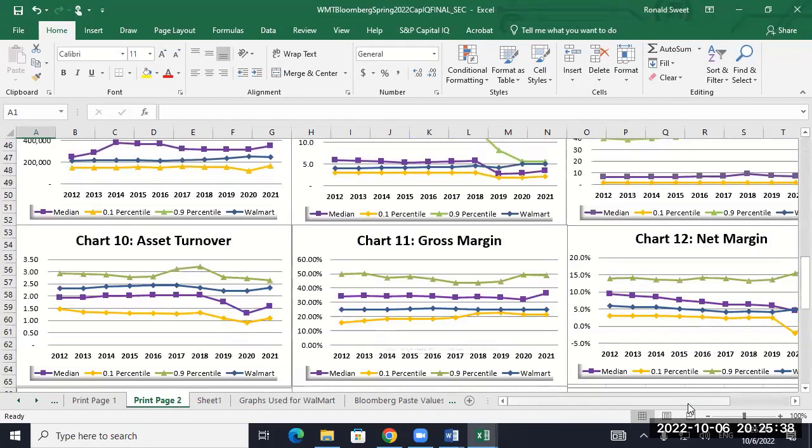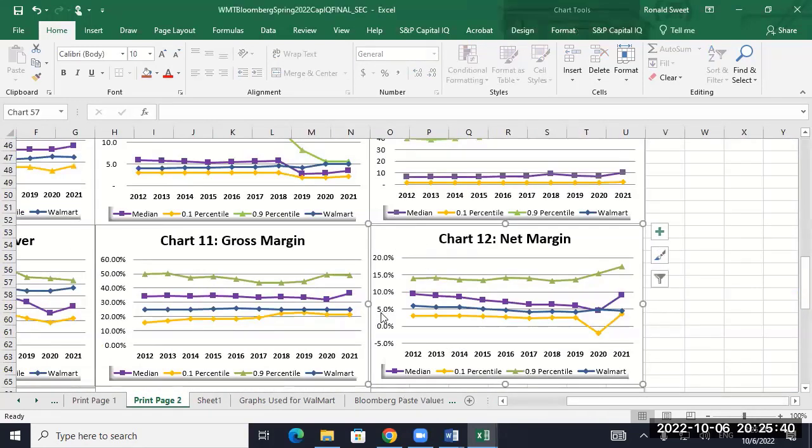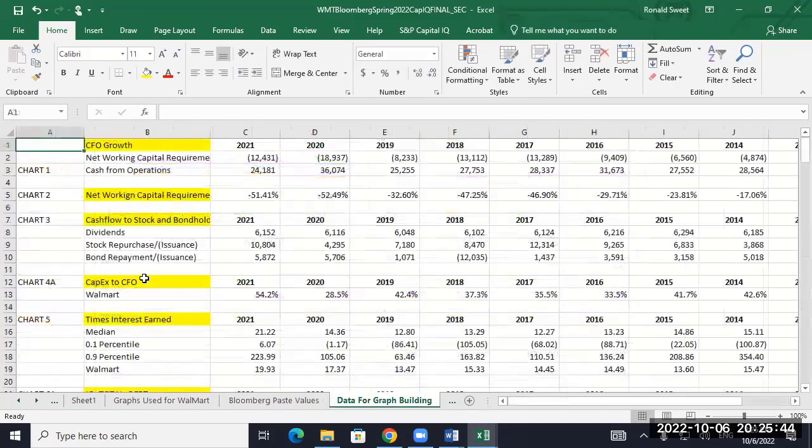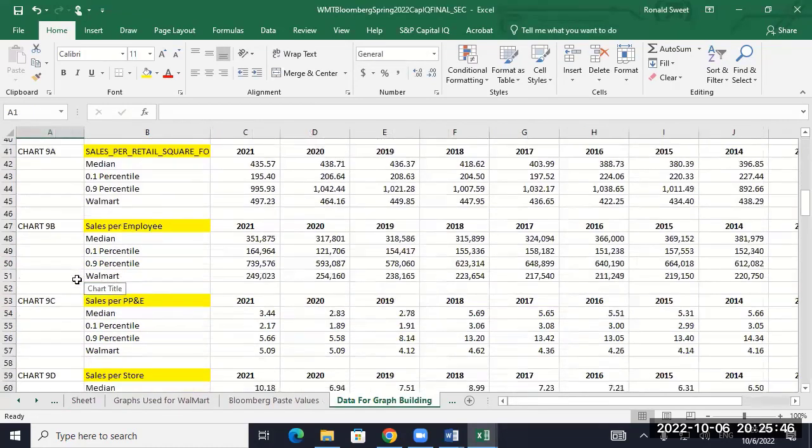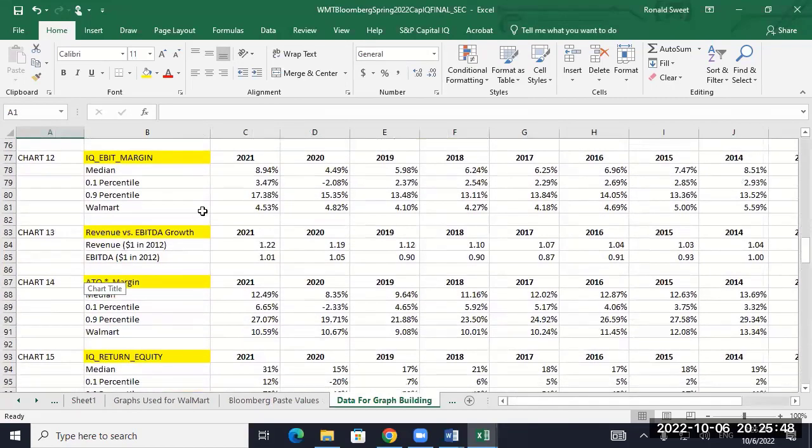And I want you to change the title of your file. So it's chart 12. So let's go to the data for graph building in chart 12. So chart 12 is using M58.